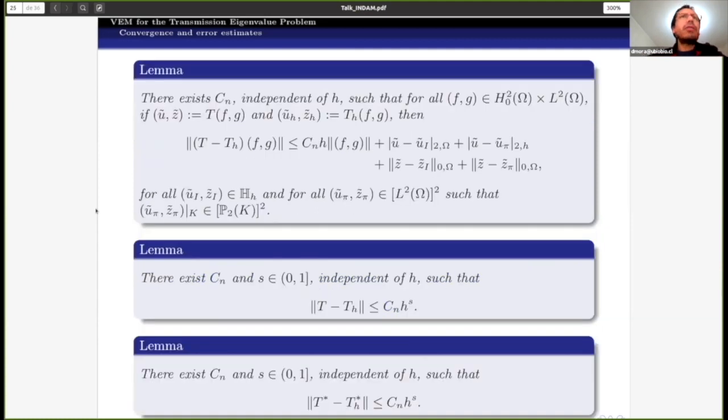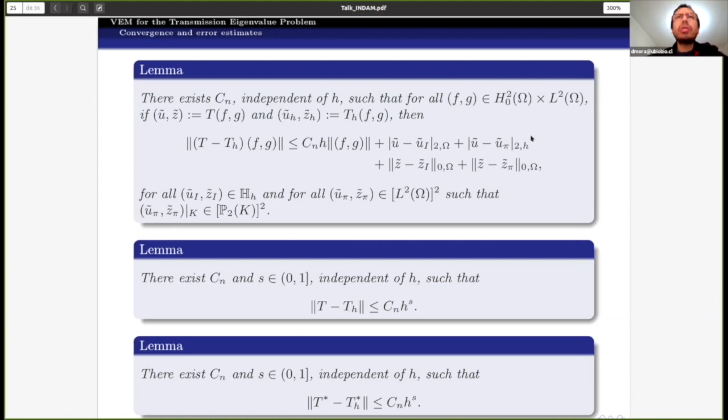So as a consequence of this, we have convergence in norm for the solution operator. We can prove that the difference T minus Th applied to (f,g) is less than this quantity.